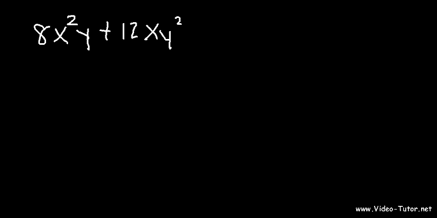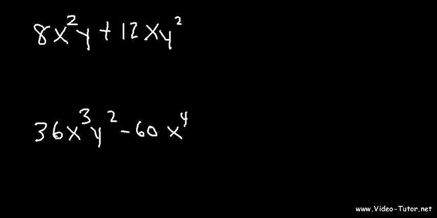So let's try some other examples. Go ahead and remove the GCF from 8x squared plus 12xy squared, and also from this one as well: 36x cubed y squared minus 60x to the fourth y cubed.